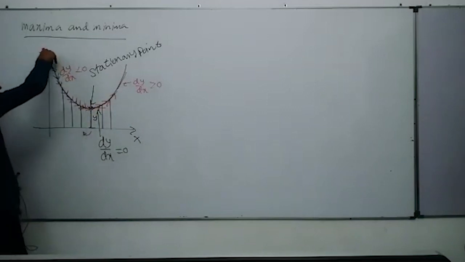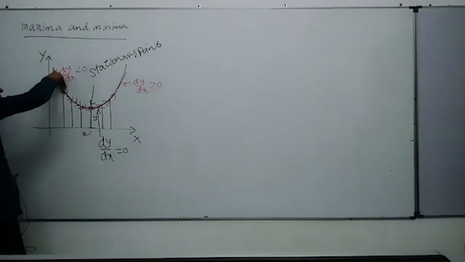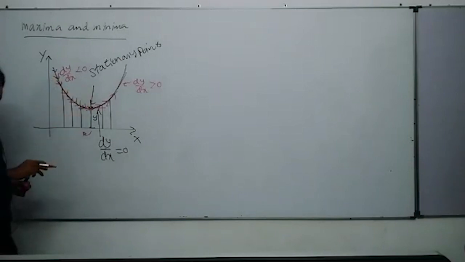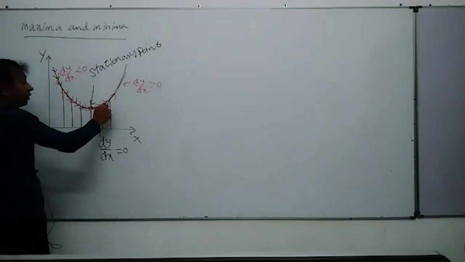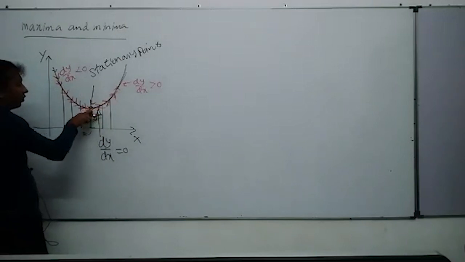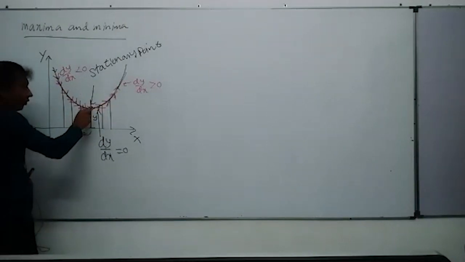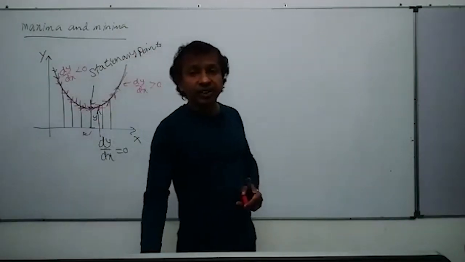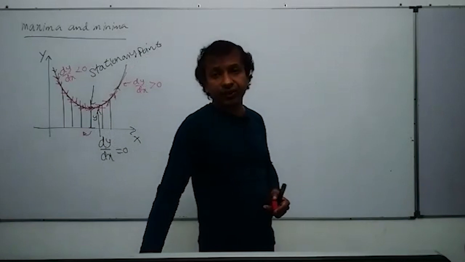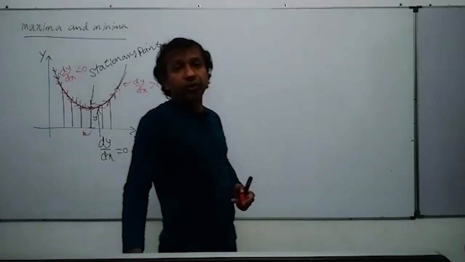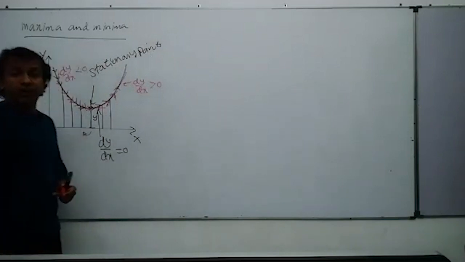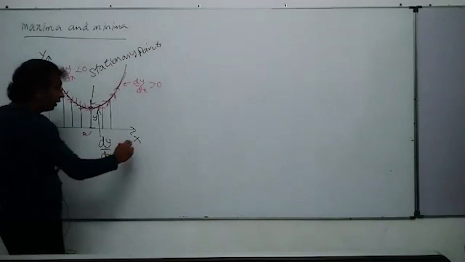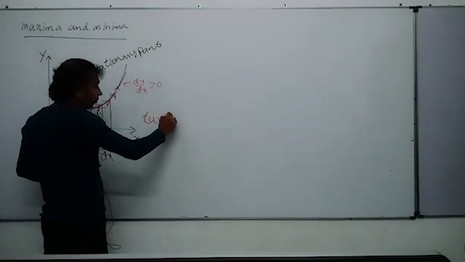We were pointing this way, moving and reaching this point, and then if we continue further, our direction changes soon after this point. So therefore, this point is called a turning point. Our direction changed to the opposite direction at that point. So the points at which dy by dx is 0 are called stationary points or turning points.